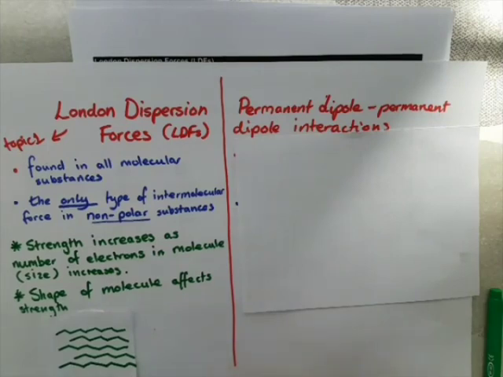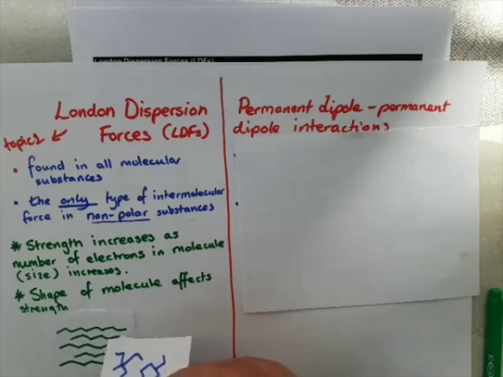That means there's a lot of surface contact between the different molecules. They can get really close to each other, and because London dispersion forces are an electrostatic force, the closer the molecules can get to each other, the better they pack together, the stronger the London dispersion forces can be between them.